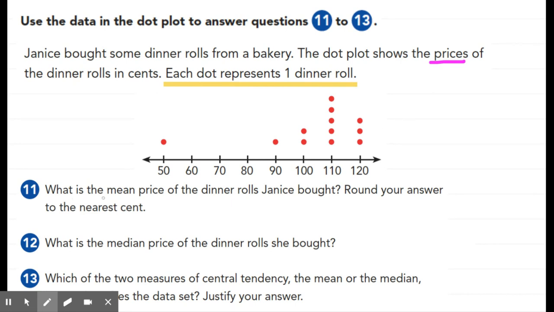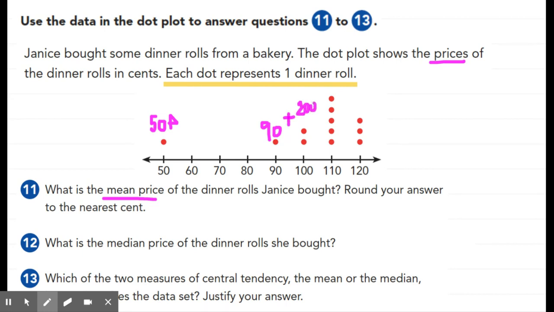The first question asks what is the mean price of the dinner rolls that she bought, rounded to the nearest cent. So remember, you will have to add up all the values and then divide by the number of rolls. So one roll costs 50, so that's 50 plus one roll that costs 90, so plus 90. Two rolls cost 100, so that's 200, and so on, right?